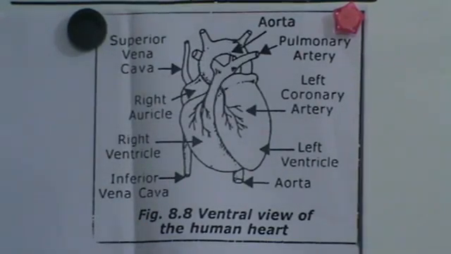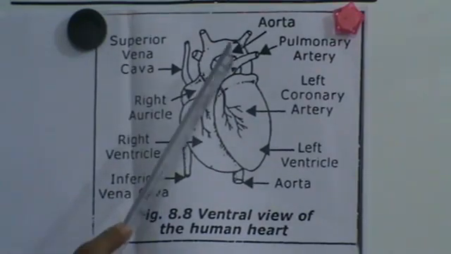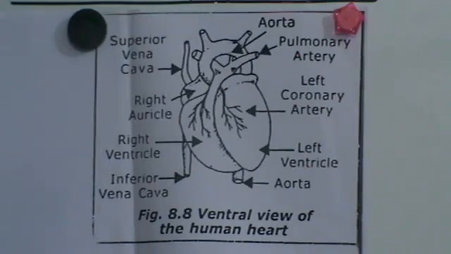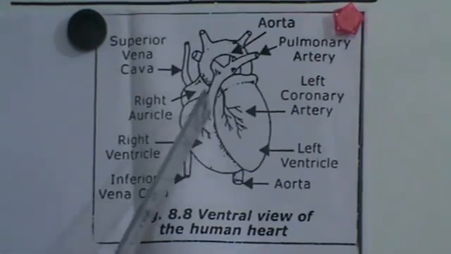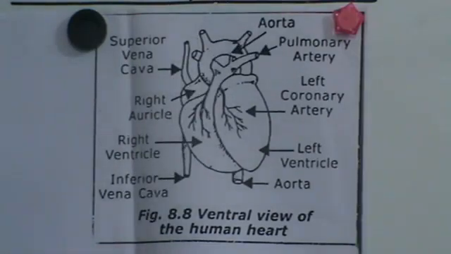The pulmonary artery, as you can see in the diagram, bifurcates into 2 pulmonary arteries. This is actually called the pulmonary aorta, which bifurcates into 2 pulmonary arteries, which carry deoxygenated blood from the right ventricle to the right and the left lungs. Right?